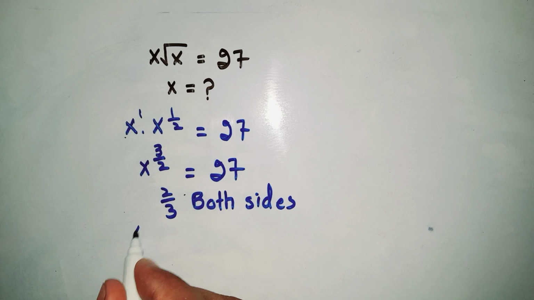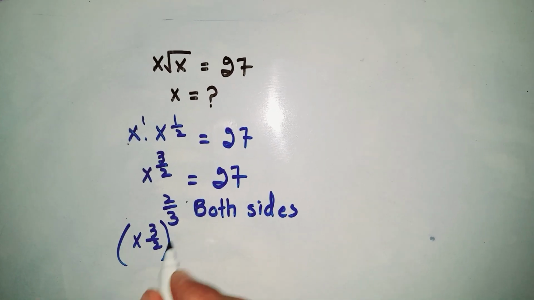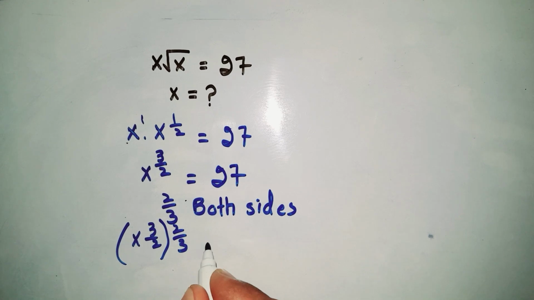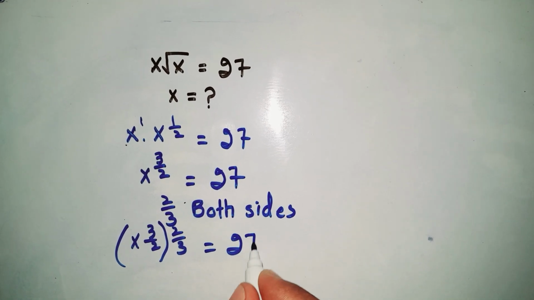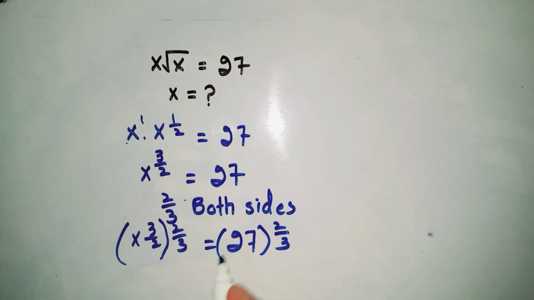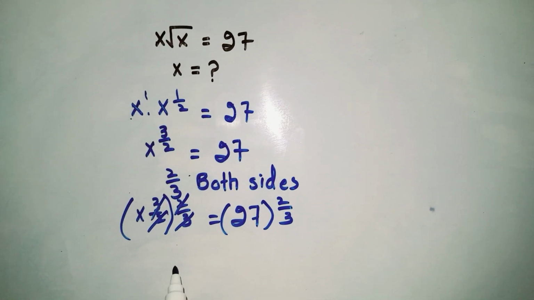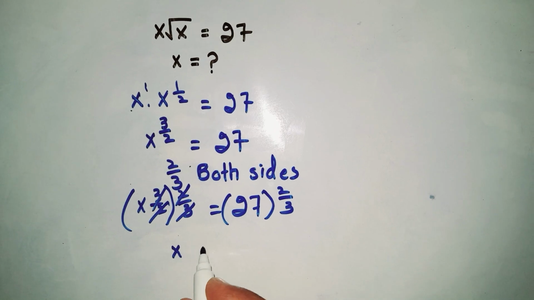So we write x power 3/2 whole power 2/3 is equal to 27 power 2/3. So now 2 and 2 cancel, 3 and 3 cancel, x is equal to 27 power 2/3.